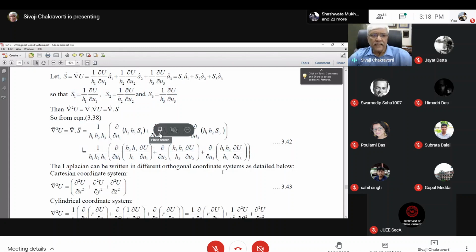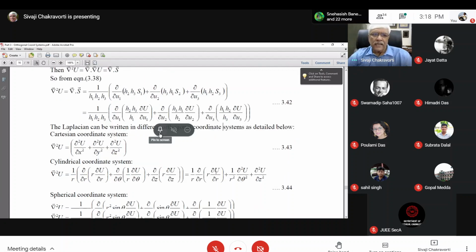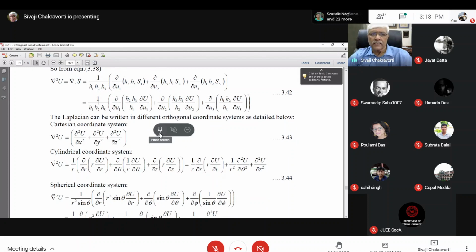Now you see that is the Laplacian. And if you look at that, although it is very big, if you put h1, h2, h3 equal to 1, immediately you will find that it becomes del square u del x square, del square u del y square, del square u del z square, which is the Laplacian in Cartesian.